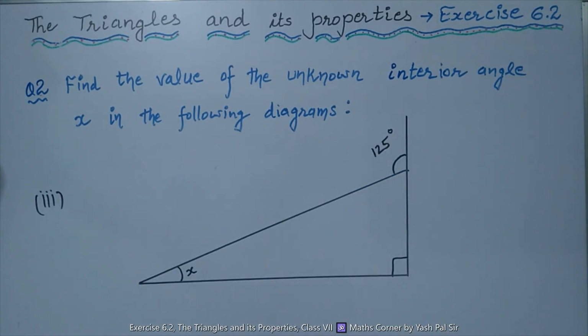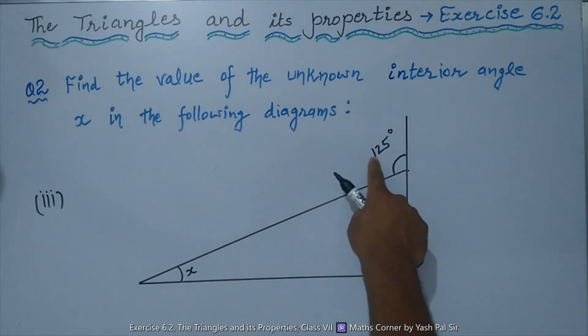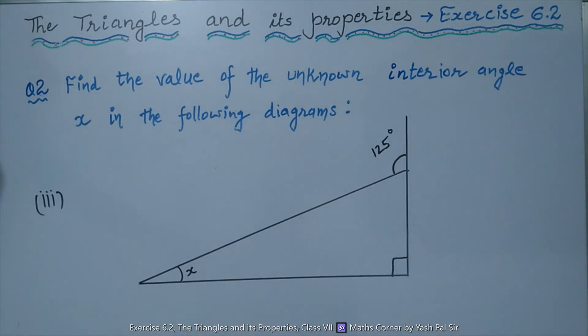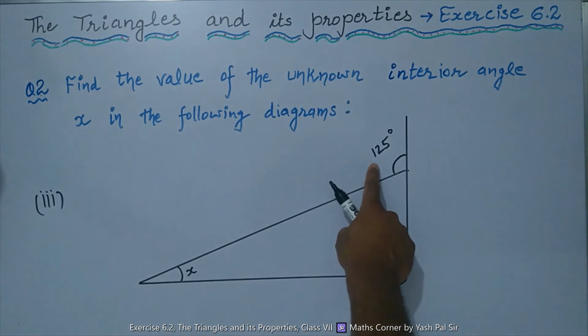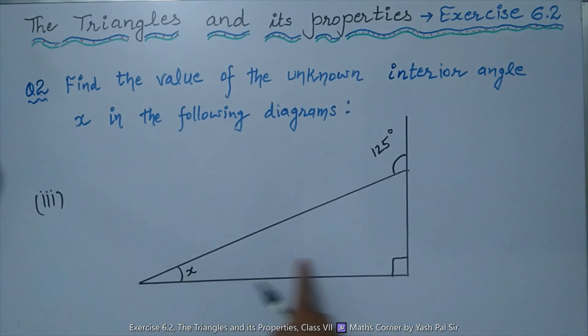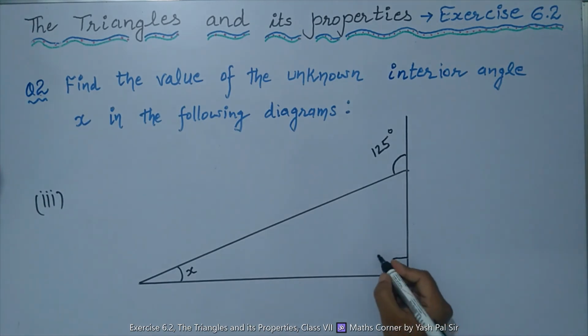Part number 3. 125 degrees is the exterior angle. This is x. And what is this? This symbol means this angle is 90 degrees, right? Now we use the property.